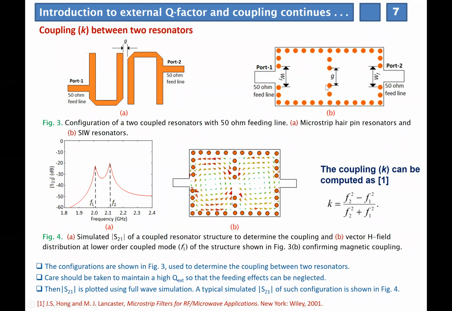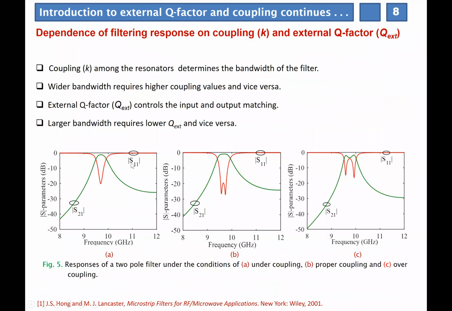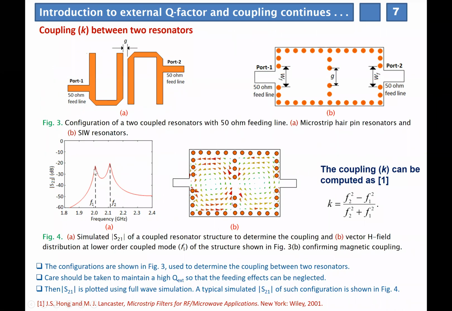Now, if we simulate any one of these two structures, then you will get a response like figure 4a. One thing I want to mention here, this is the plot of S21, that means energy flow from port 1 to port 2. And here you can see that the maximum S21 is below minus 20 dB.